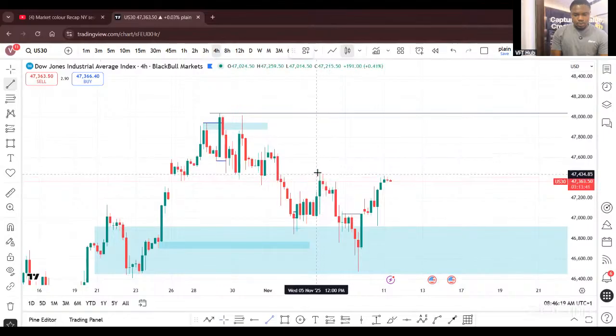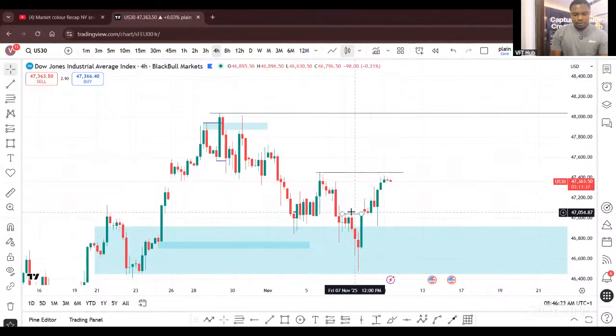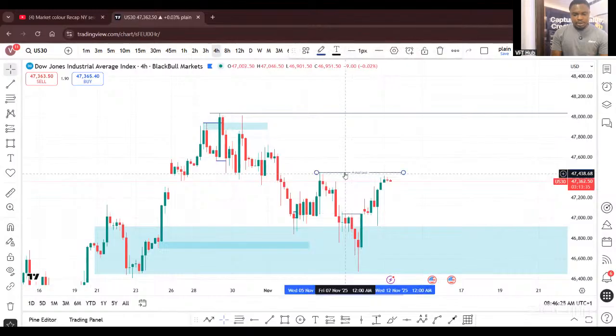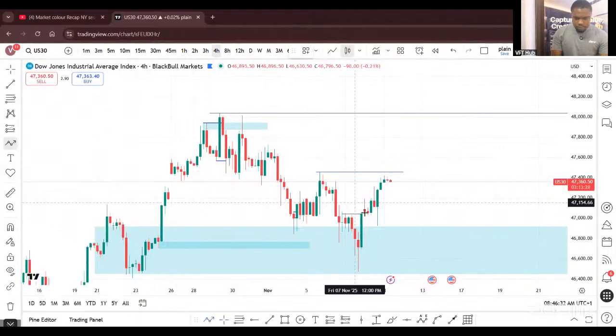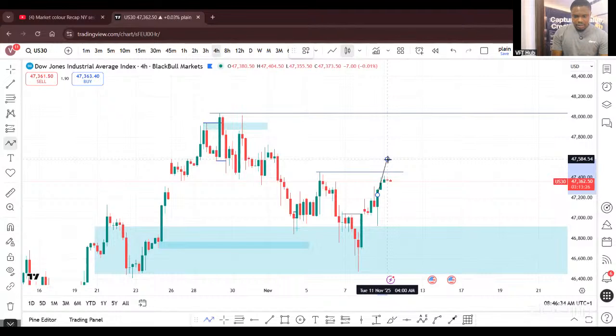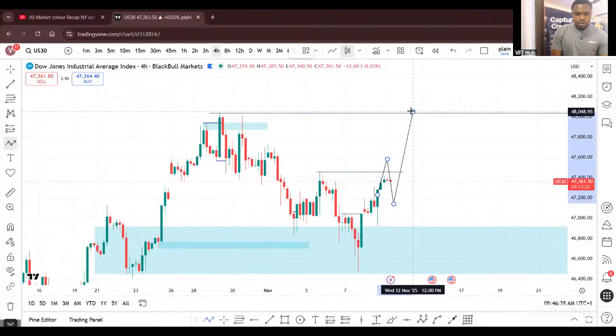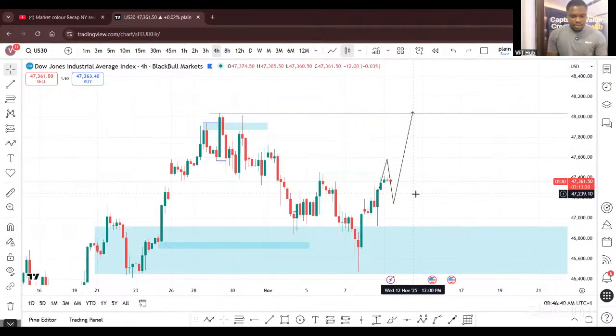And so we have another shift that needs to happen here. We have the shift first, and then a proper break of structure from this zone, meaning we see something like this, then we wait for price somewhere around this zone to continue its movement to the upside, right? So that's what I have this morning.